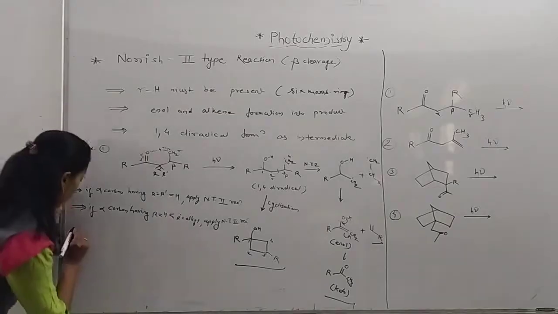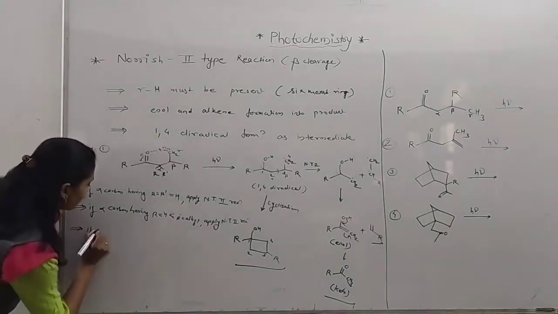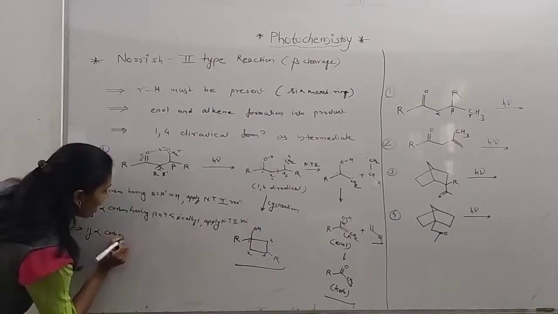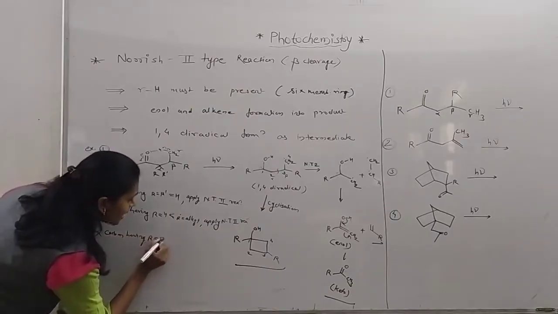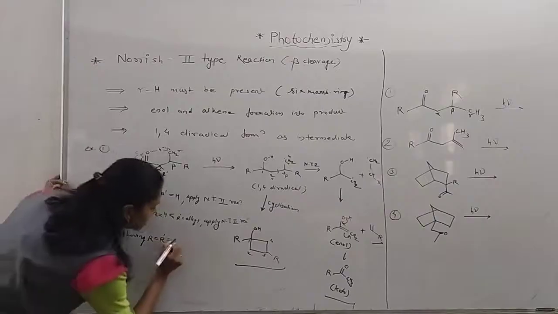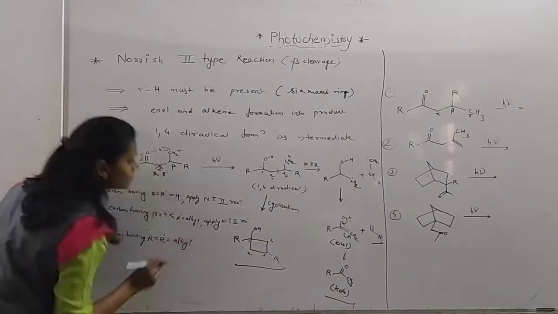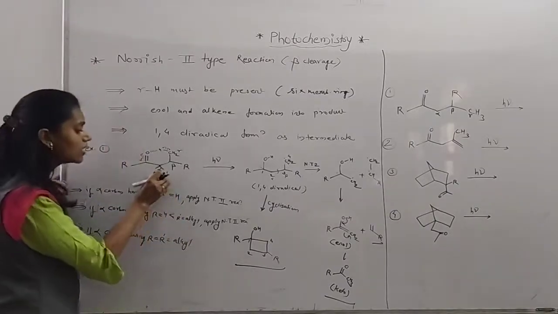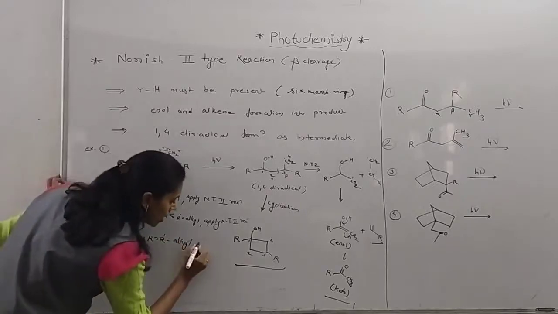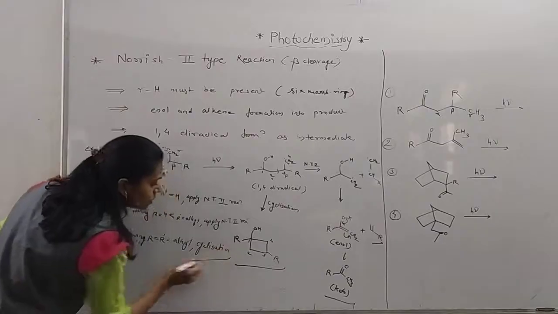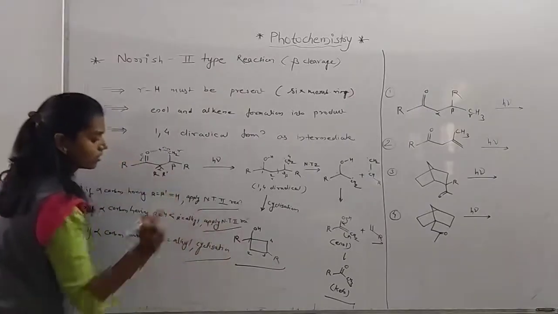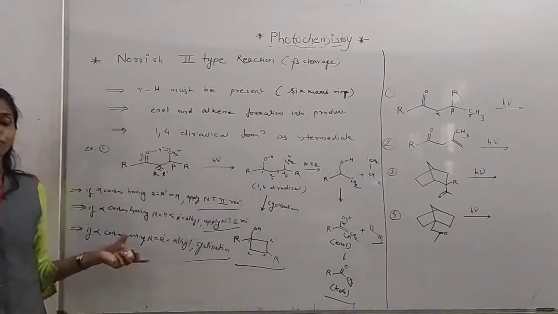And the last and most important: if the alpha carbon having both R as well as R dash as alkyl group, if these are alkyl groups, then always do the cyclization. This is most important.